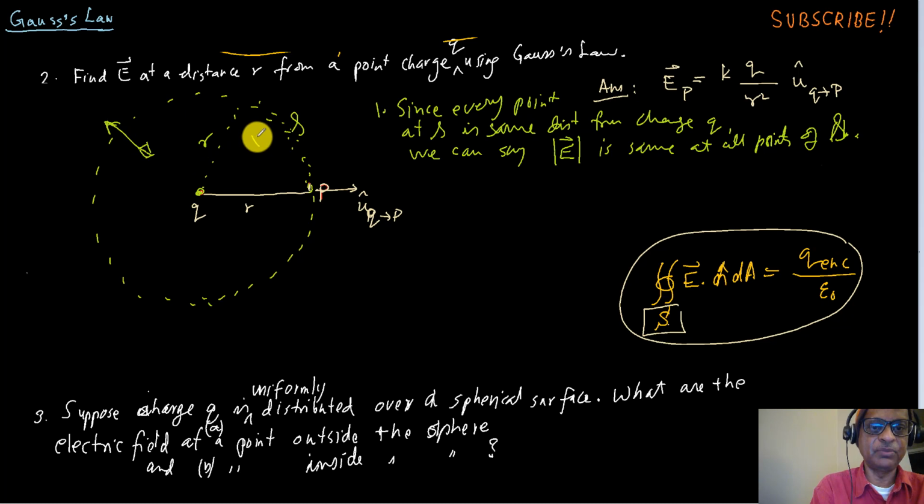If you look at a patch over here, the electric field is pointed that way, but the magnitude is the same. The vector is the same size.